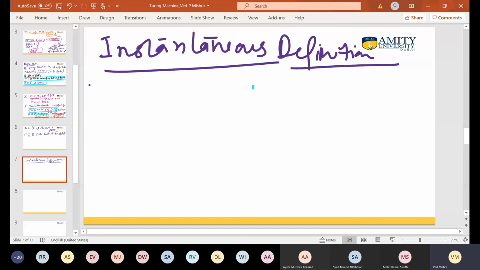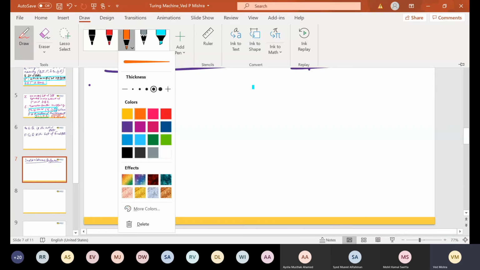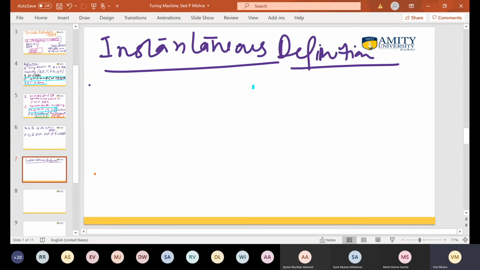Now in the instantaneous definition, what will we do? I will just represent it with something. This will be your left sequence, suppose, and this is your right sequence.